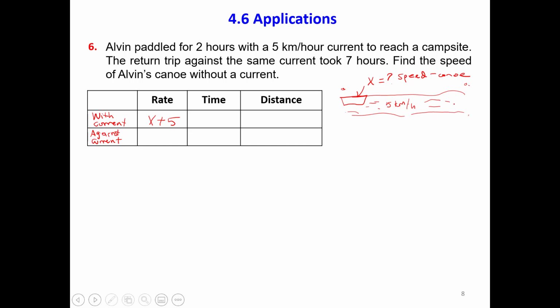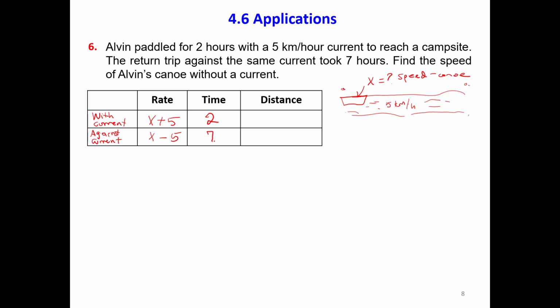But when he paddled against the current, the speed of the canoe will be x minus 5, because we need to subtract the speed of the current. Now the time with the current was 2 hours, against was 7 hours.